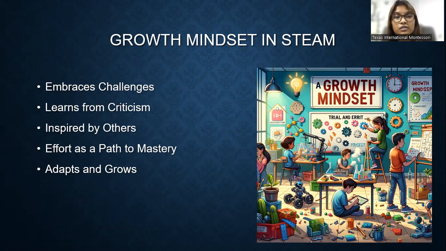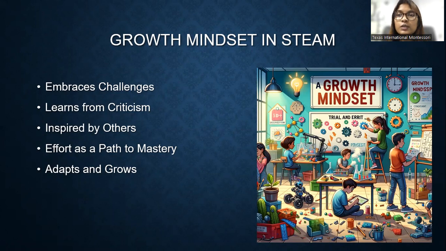So what are the characteristics of a child who's having the growth mindset? Embracing challenges, learns from criticism, inspired by others, effort as a path to mastery. So they think, okay, if I put in more effort, I can improve. I can master this subject if I put in more effort. I can improve my level of skill, improve my level of competency, improve my level of confidence by putting in effort.